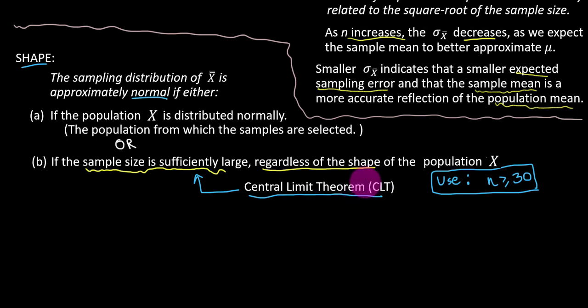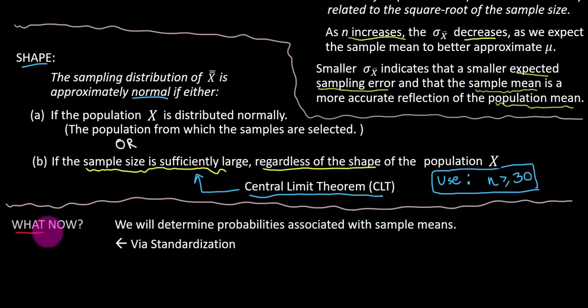And why is this so important? It's because of the utility of the normal or bell-shaped distribution in the validity of inferential techniques that are to come.